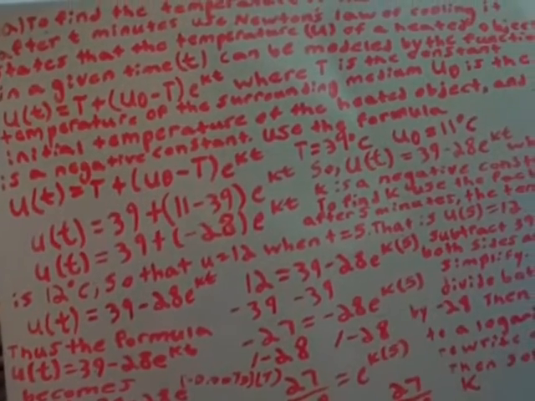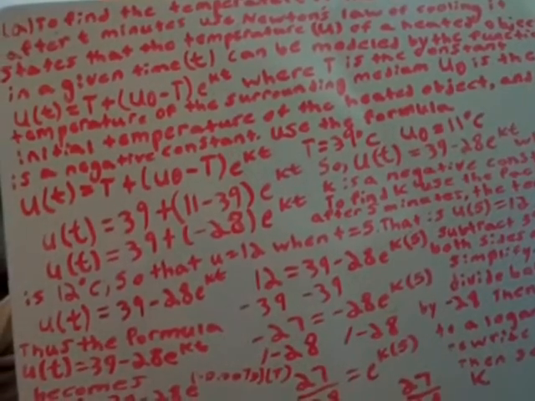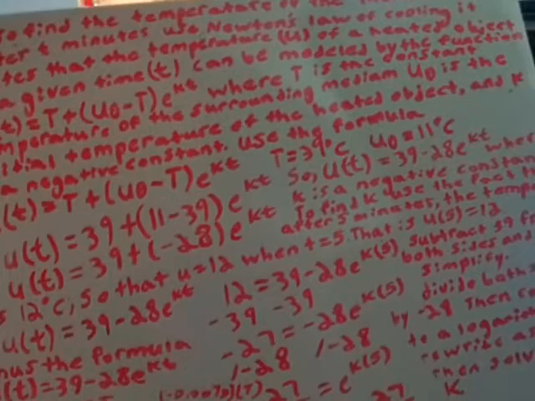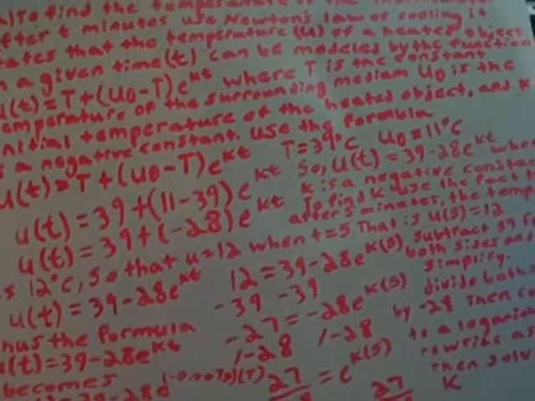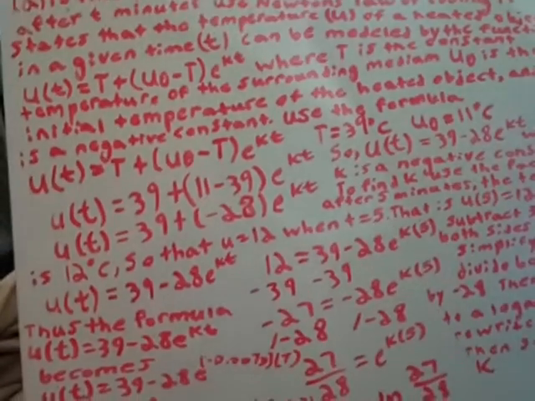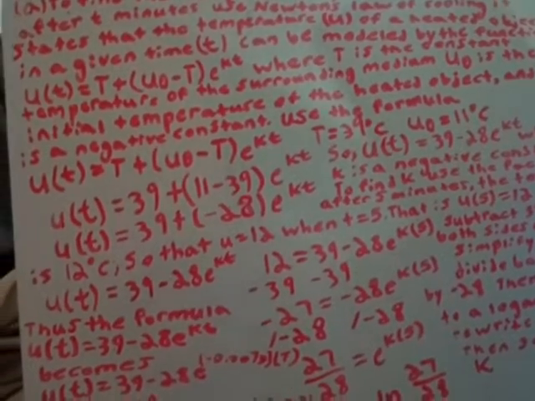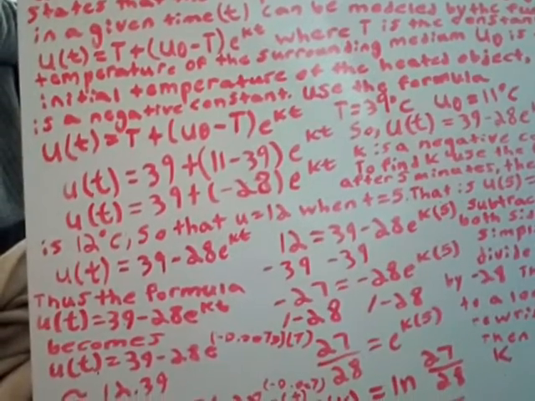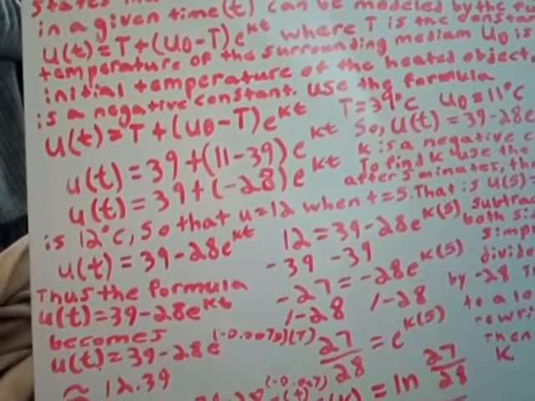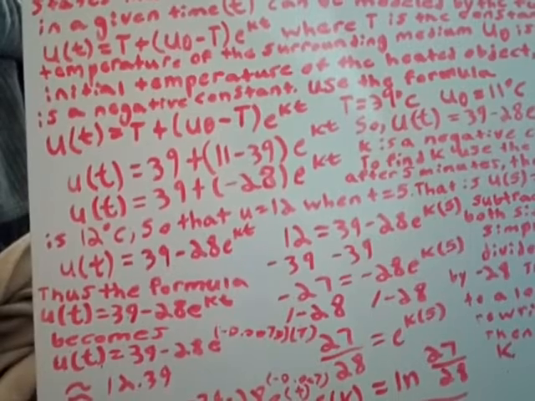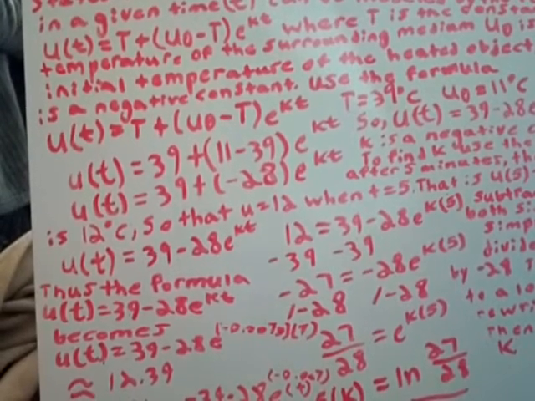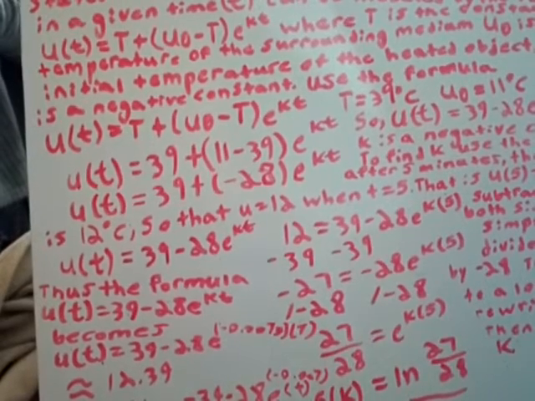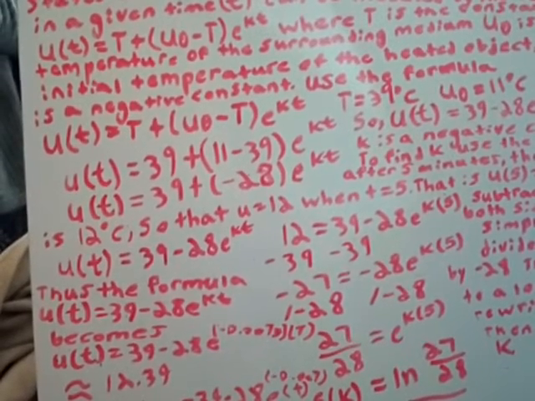So capital T is the constant temperature of the surrounding medium, U of naught is the initial temperature of the heated object, and k is a negative constant. Use the formula U(t) equals T plus (U of naught minus T) e raised to the kt power.